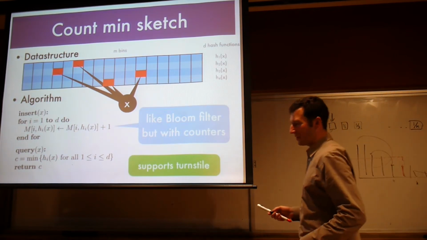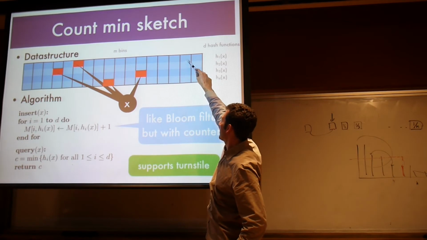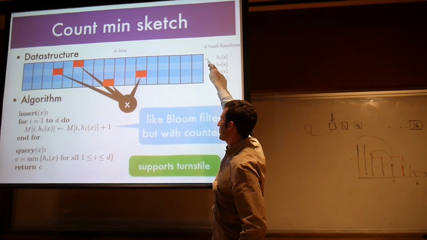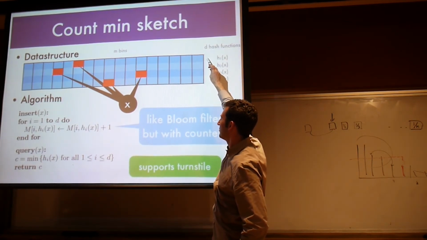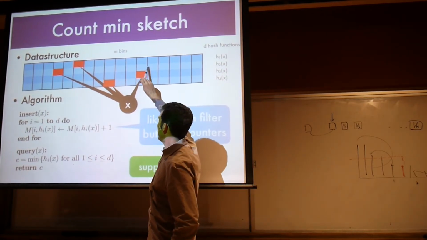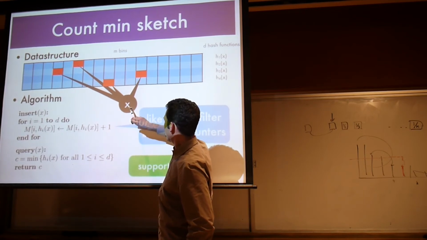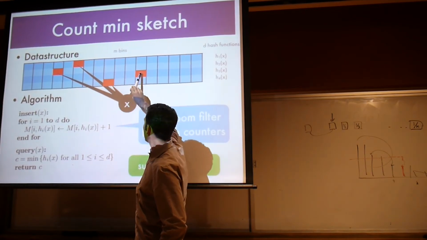here's the algorithm. It looks exactly the same, except that now we have one row for each hash function. And so for insert, these are now all integer or whatever counters. I increment all the bins by 1.